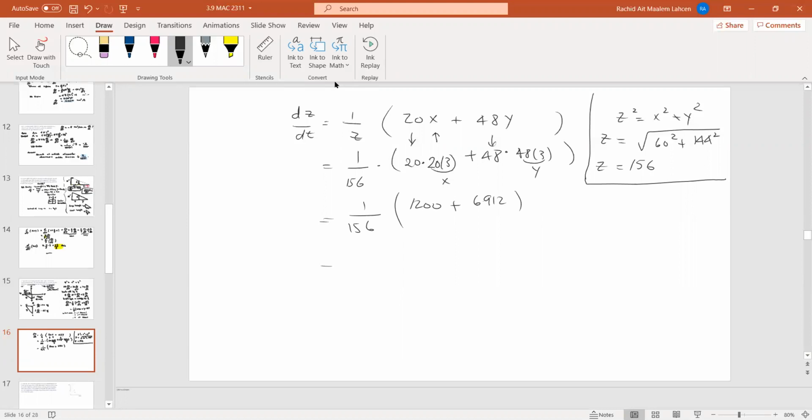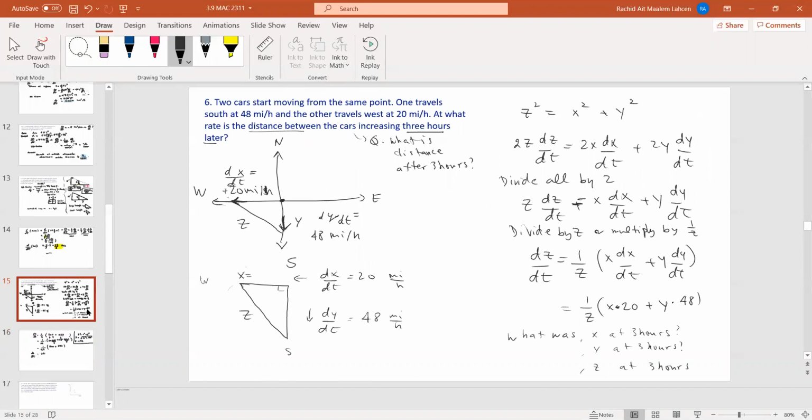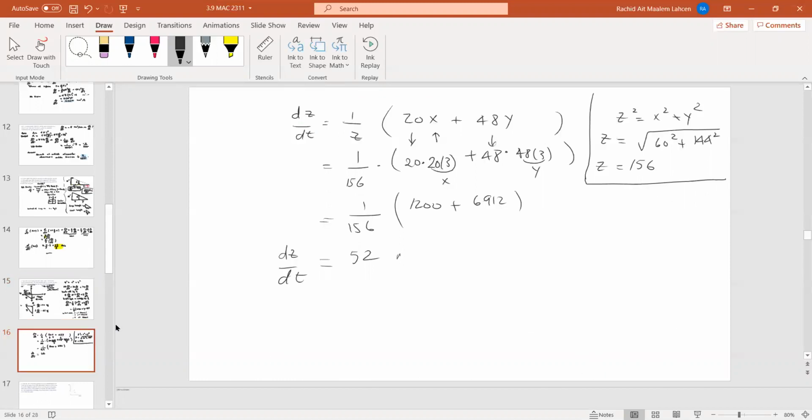And that's going to come out to be 52. And what is this rate of change? That's miles per hour. So this is miles per hour, right?